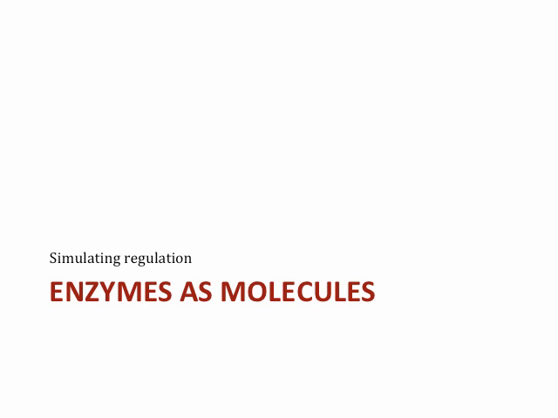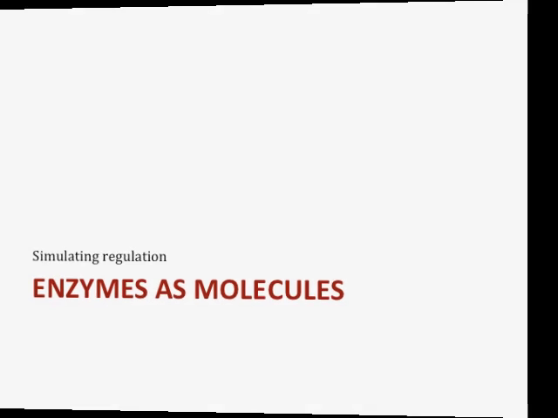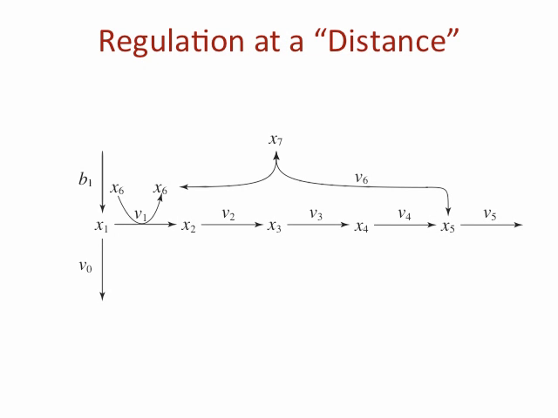We are now going to look at more complicated regulatory phenomena through the use of simulation. This is a control loop that I'm going to talk about for the rest of the lecture.